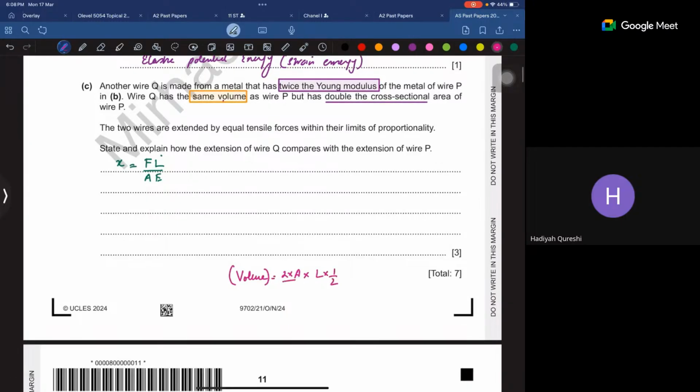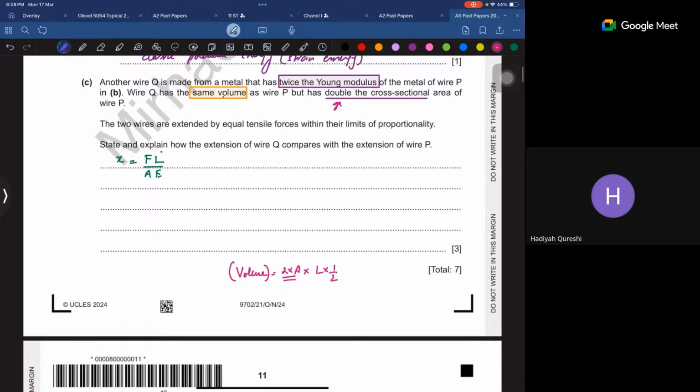Again, double the area, then the length is going to be halved because volume needs to stay the same. So if you check the extension, force is the same, length is halved, area is doubled, and Young modulus is also doubled, right? So I'm just going to multiply by 2.